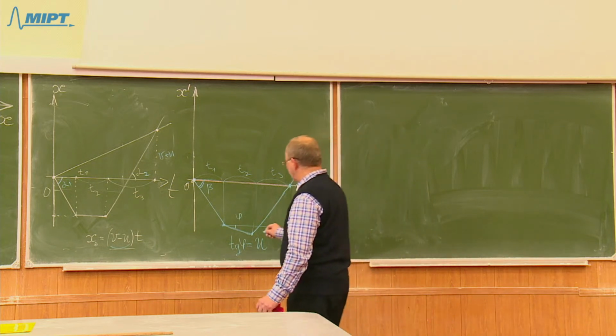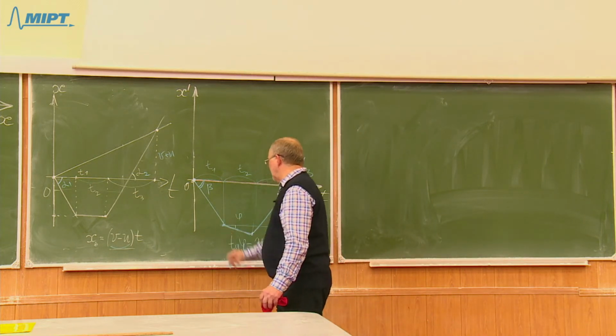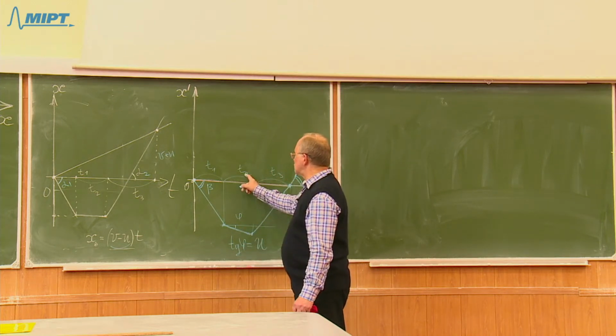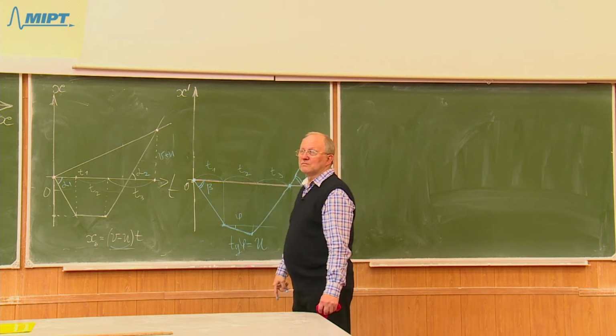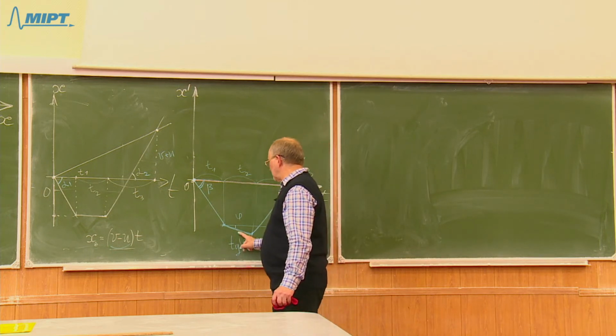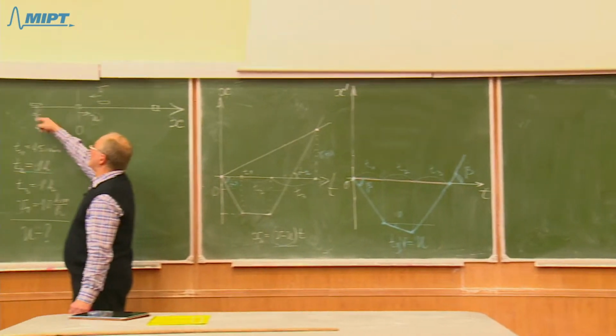Why does this section of the graph represent the river flow velocity? Because during time interval t2, the raft was going downstream by the river flow, and the motorboat was standing still at the river bank.